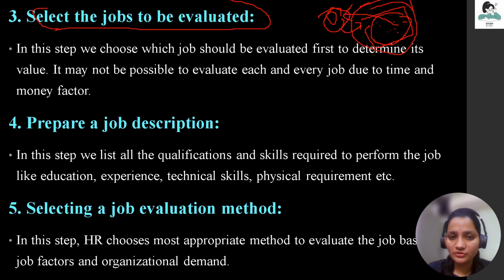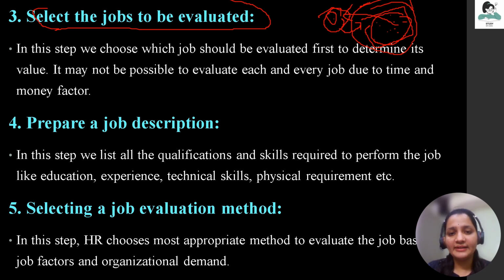Got it? So one job is chosen from all the similar jobs because it saves time and cost, right? Instead of evaluating all 10 jobs with the same skills, it is better to evaluate one job and analyze all the jobs in the same way. It also prevents evaluating hundreds of similar jobs.